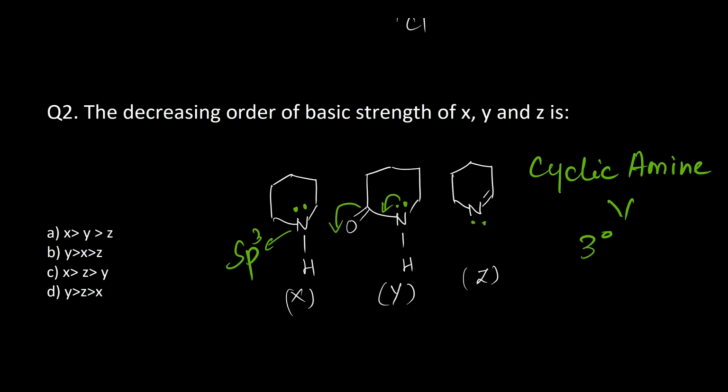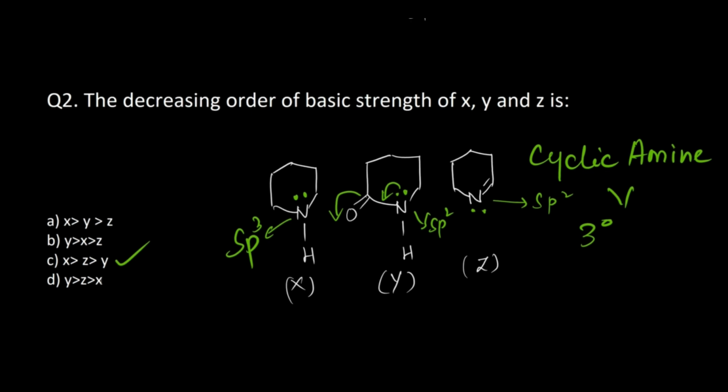When that is undergoing the conjugation, it becomes sp2 and this is sp2. So what is the order of basic strength over here? Yes, the answer is X, then comes Z, then comes Y, right? Okay, because of the conjugation and the cyclic amine concept.